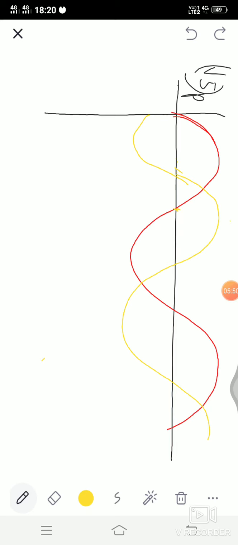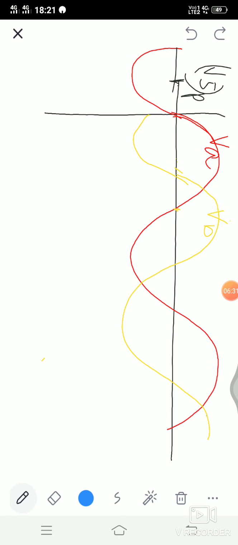So let me write down here. It is VB and this is VA. Red phase we are showing as phase A, and yellow phase we are showing it as phase B, and lastly we are left with the blue phase. So blue phase is leading by 120 degrees. So if you just extend the red phase in the negative side, so this is 90 degree, 90 degree plus 30 degree.